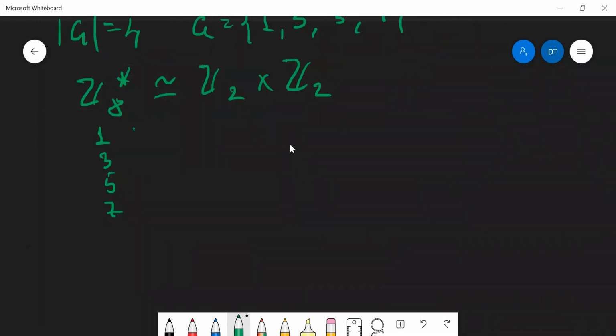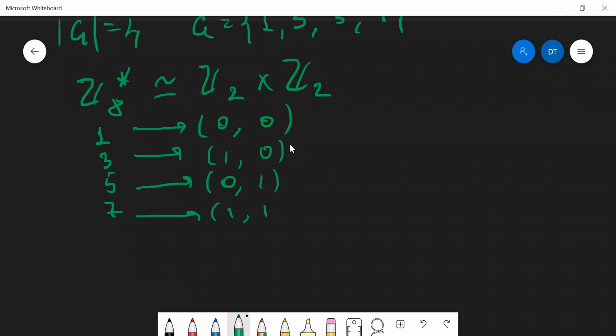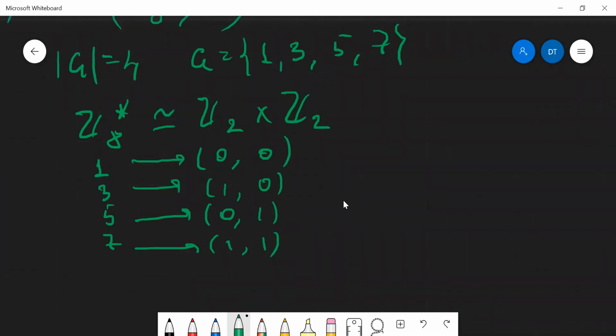So 1 corresponds to the element (0, 0). 3 corresponds to the element (1, 0). 5 corresponds to the element (0, 1). And 7 corresponds to the element (1, 1). You may check that this map actually preserves the operation, and it's obviously a bijection. So this is an isomorphism. I'm not going to waste my time to check that this map preserves the operation, but it's a nice exercise. So this is an isomorphism.